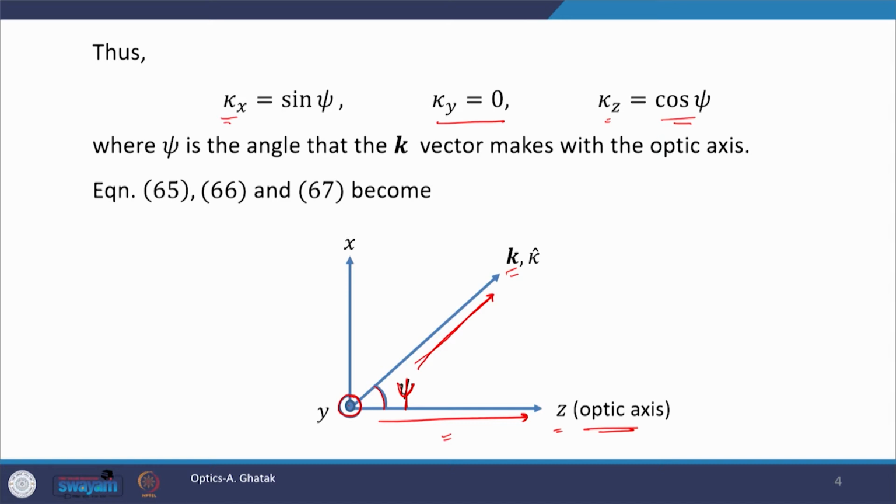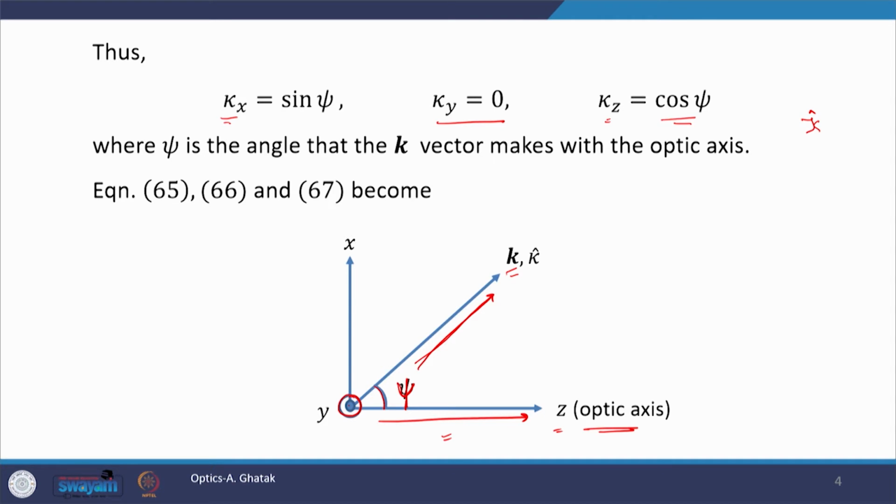Just to remind you, kappa x, kappa y and kappa z are the components of the unit vector kappa cap, which is along the wave vector k direction.